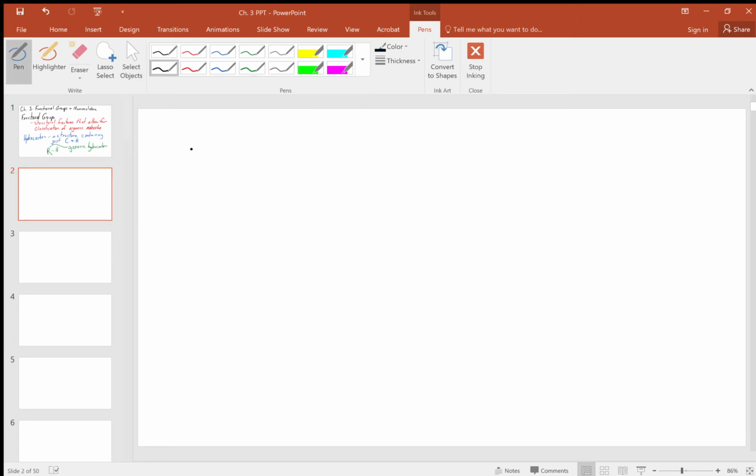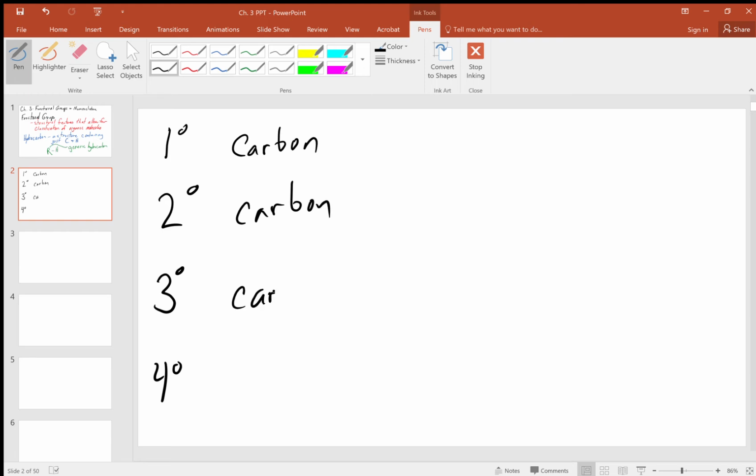Now, also within molecules, we have what we refer to as primary, secondary, tertiary, and quaternary carbons.